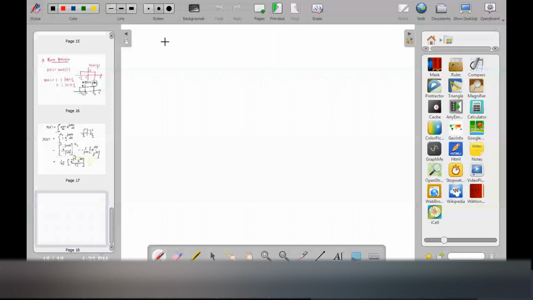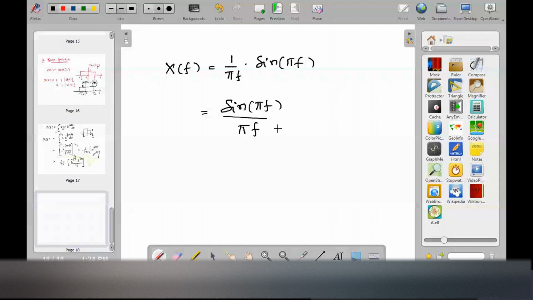So x of f equals 1 by pi f into sine pi f. Not j, sorry; the j is in the denominator and has already been absorbed in the formula. So this is sine pi f divided by pi f.